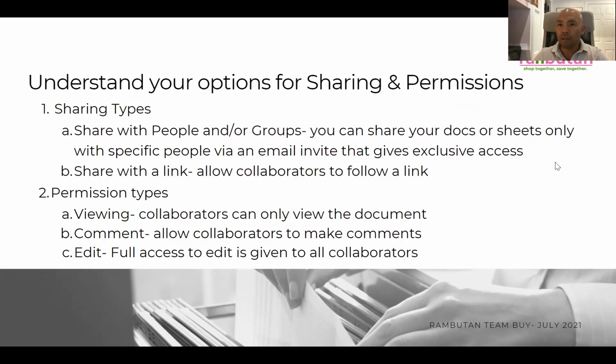Comments are essentially also viewers who are collaborators that can make comments on the side of the document, and then the editing type of permission gives you full access to edit the documents that are shared with you, given to all the collaborators.